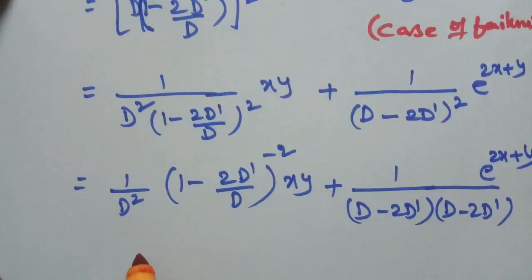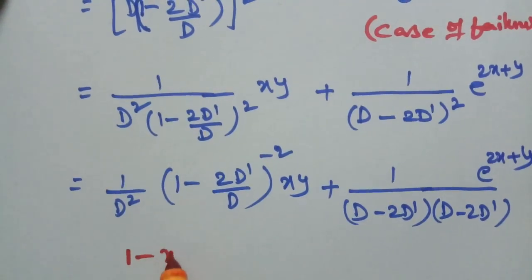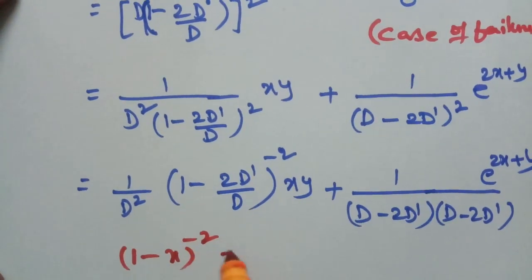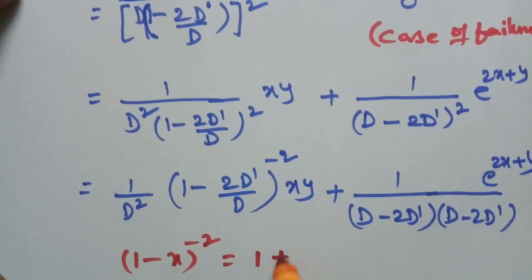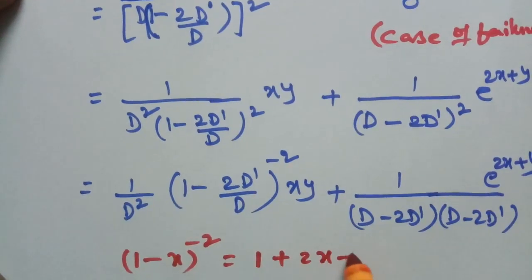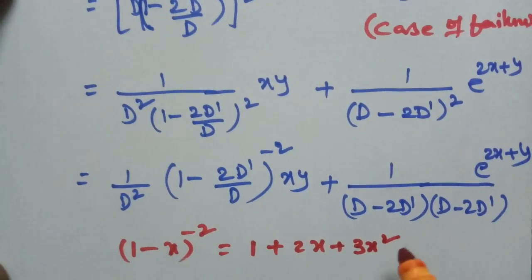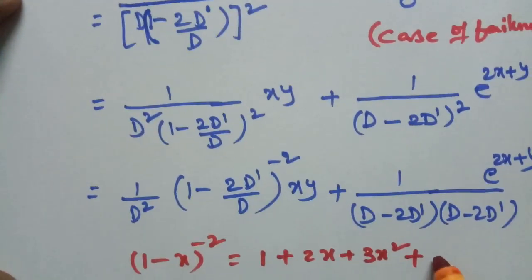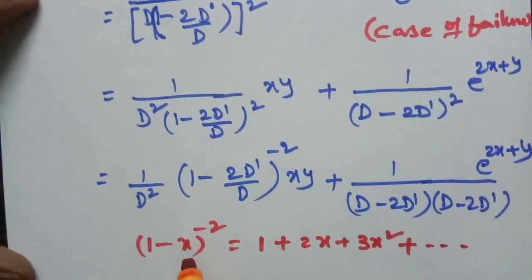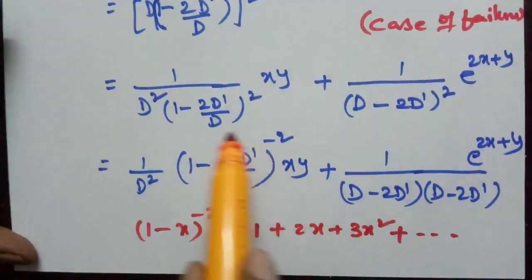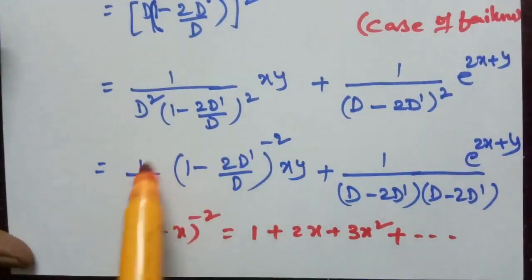Now the (1 minus x) to the power of minus 2 formula is 1 plus 2x plus 3x square plus and so on. So here we can apply the same formula.